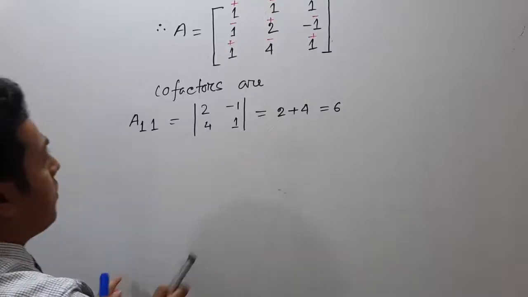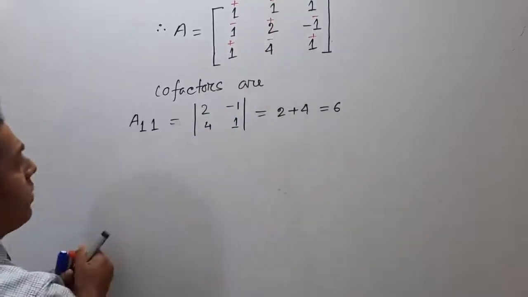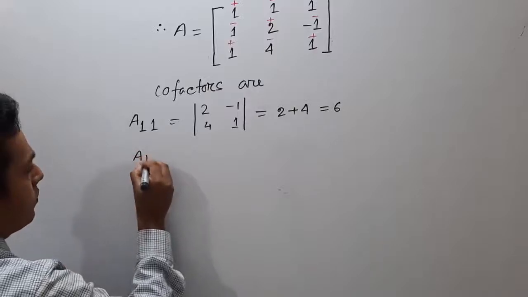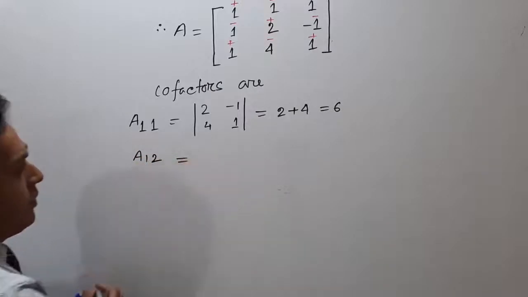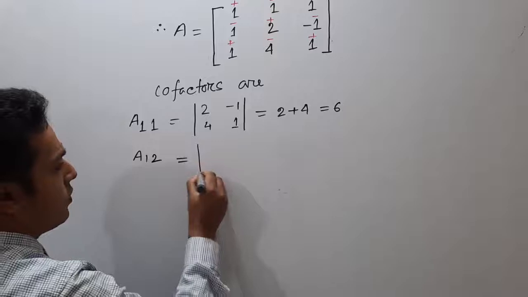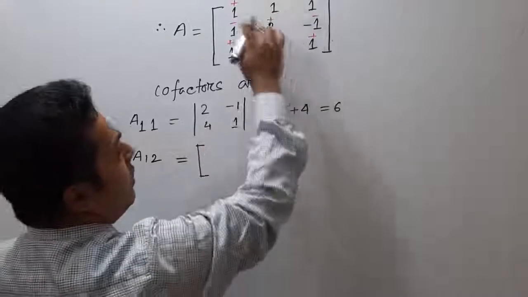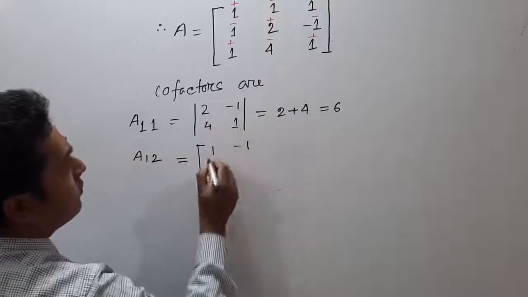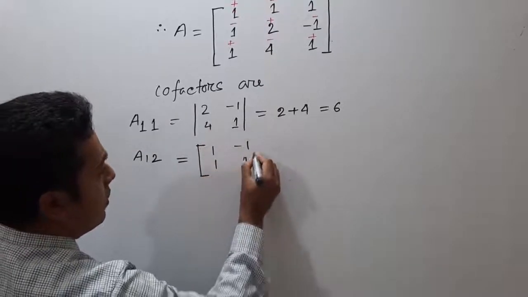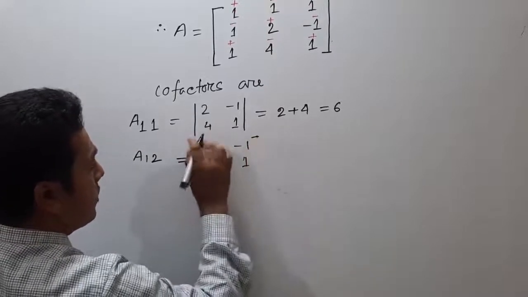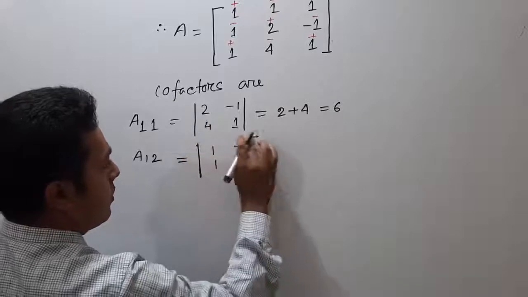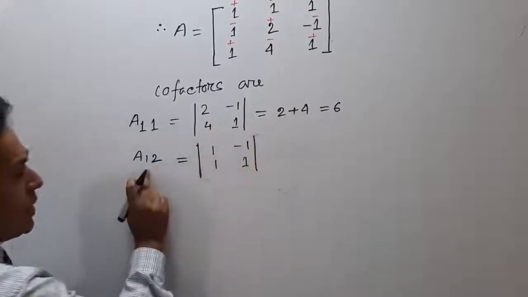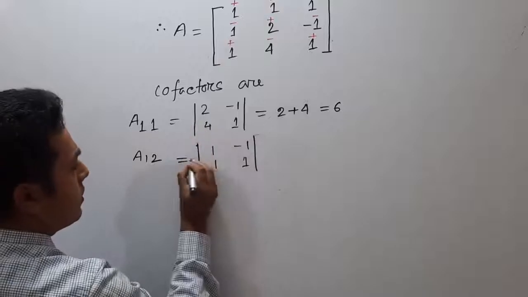And now for this element, 1 2, ignore the row and column, 1 minus 1 1 1, so the sign of this is minus.